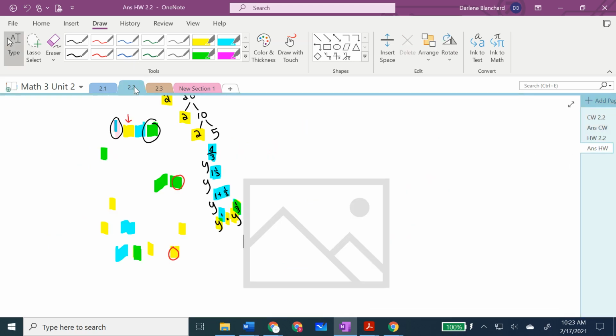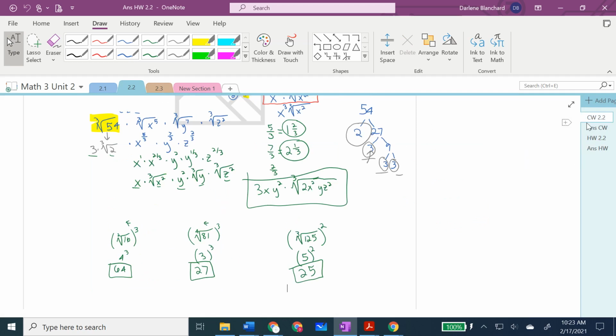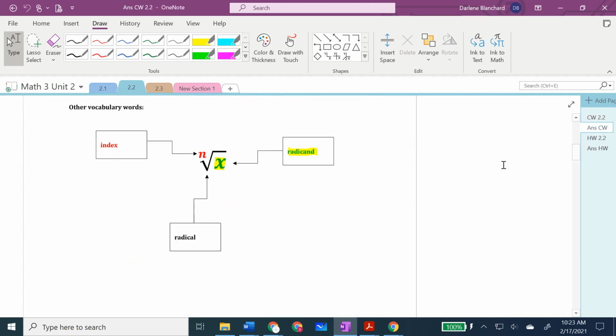And I'm going back over to 2. Let me actually just go to the answers over here. There we go. The index number has to be identical, and the radicand. Those have to be identical in the expressions over the addition or subtraction in order to actually do anything.